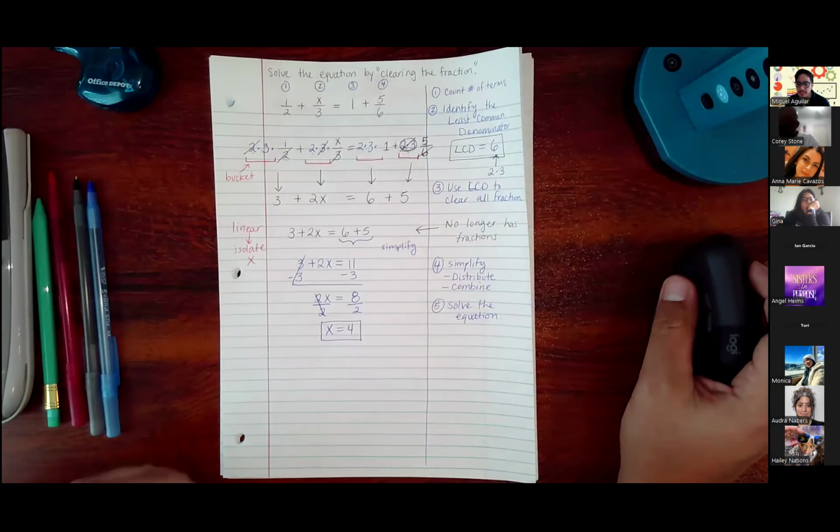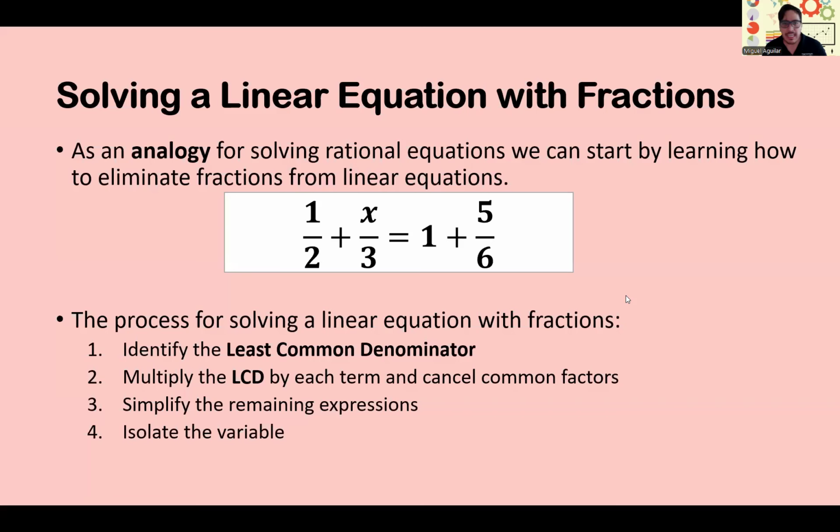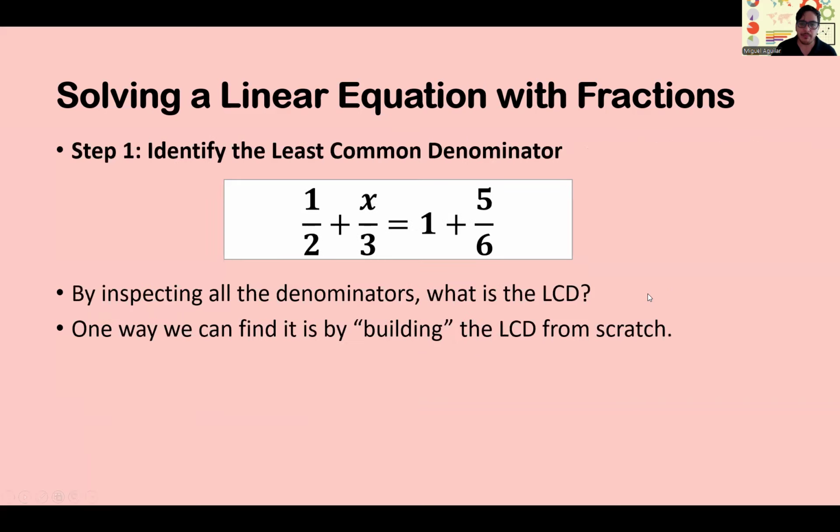Okay. Well, the next thing is to go back to the PowerPoint and just recognize that in the PowerPoint, I do things slightly differently, but hopefully the explanation is all there. We started off with this equation, just to quickly recap, and we said, what's the LCD? So one way that we do this is by building the LCD from scratch.